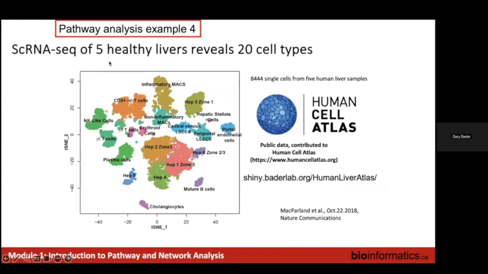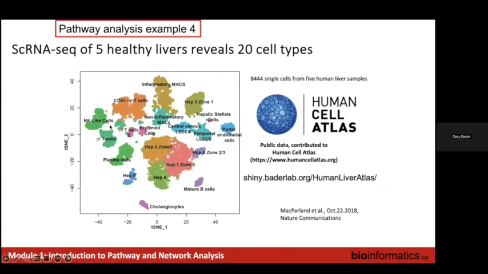At the time, this was published in 2018, we were able to generate over 8,000 single-cell RNA-seq measurements from all these samples, and this was the first healthy liver map that was available. So we contributed it to the Human Cell Atlas project, which is a big project involving thousands of labs across the world to map all the cells in the human body at single cell resolution.